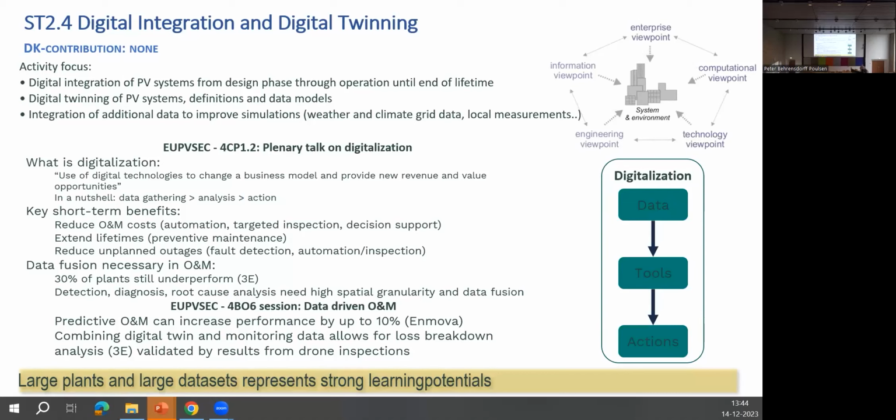Take some tools to collect the data, some analysis to figure out what kind of actions should be made out of these data. But in general, there's a lot of activity and potential in having these digital twins of PV parks and PV systems.